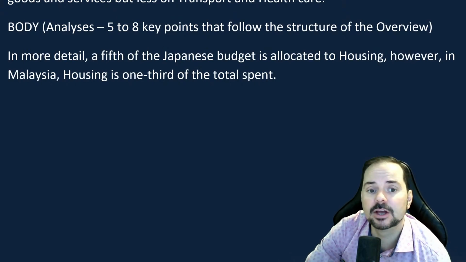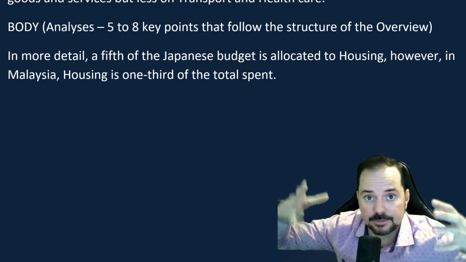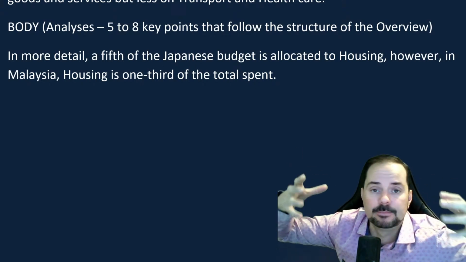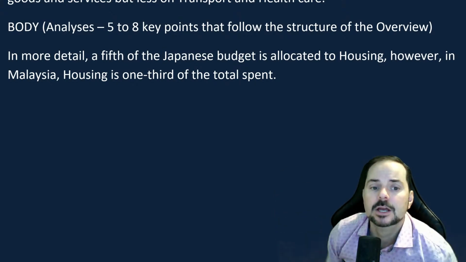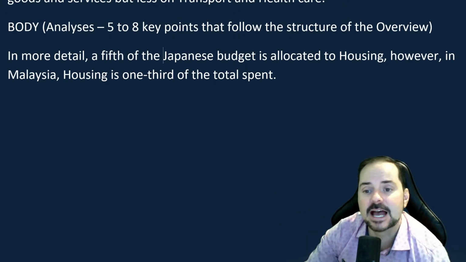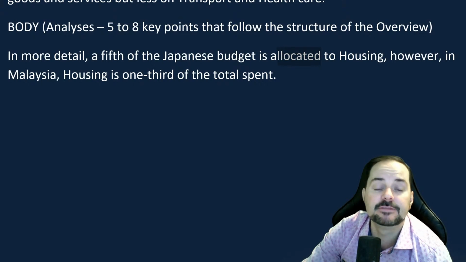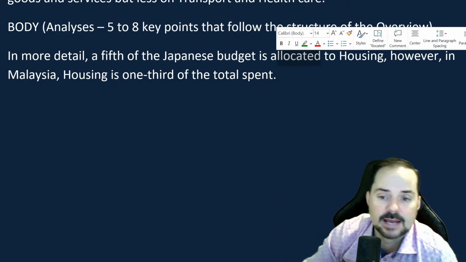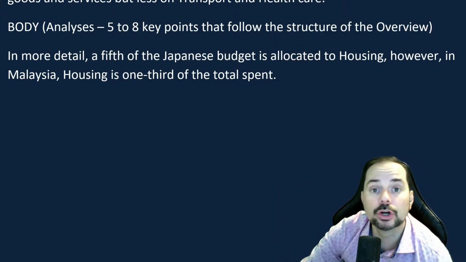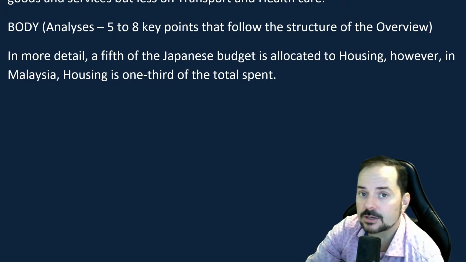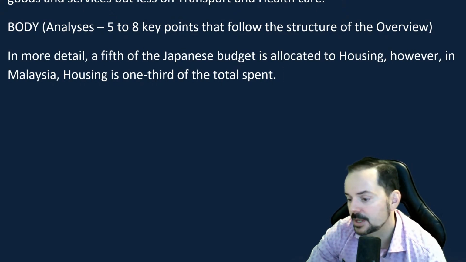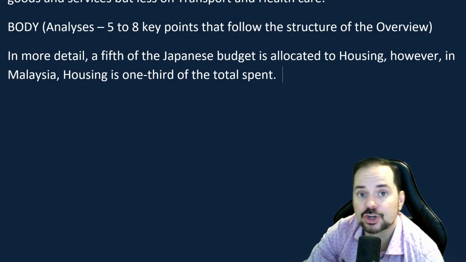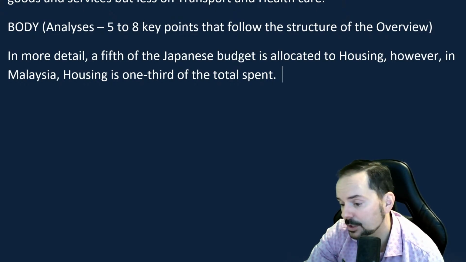In more detail, a fifth of the Japanese budget. Budget, of course, is all of the money that a person, a company, a country has for spending. So a fifth of the Japanese budget is allocated. Allocated means given. It's just a more advanced vocabulary. Learn new vocabulary in context as I'm teaching you. Creative Edge says expenditure. Yes, expenditure is a great word as well.